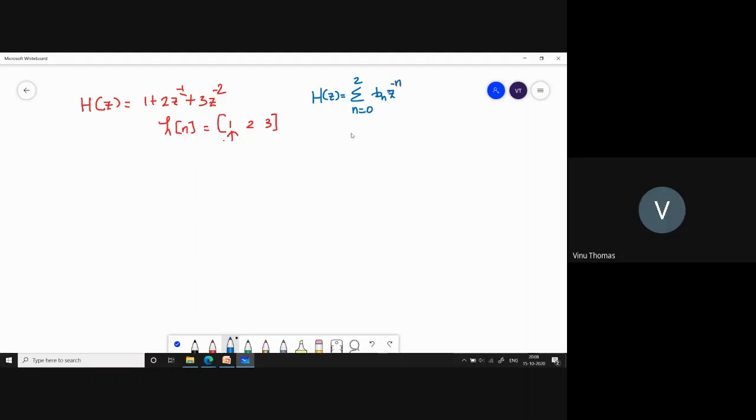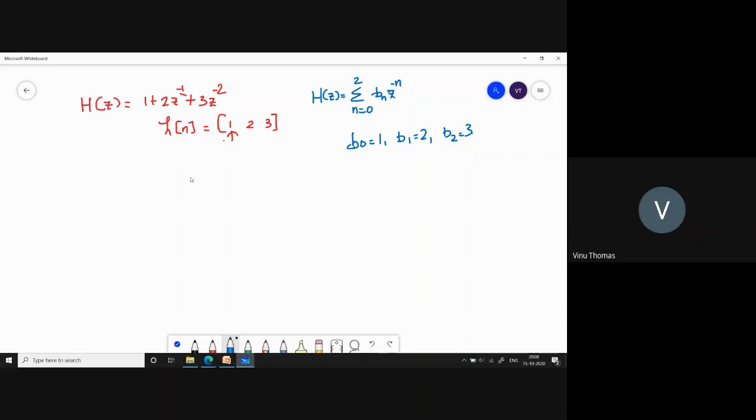Is that clear? So B0 is equal to 1, B1 is equal to 2, and B2 is equal to 3.